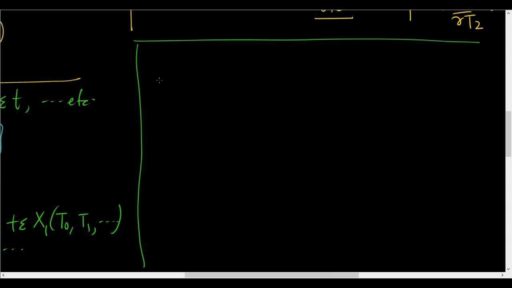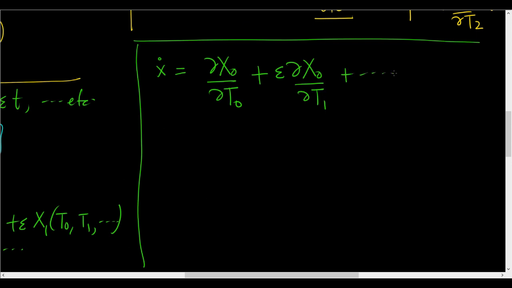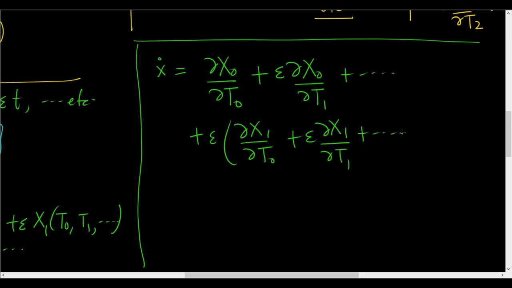So we have x dot is now equal to del capital X0 del t0 plus epsilon del capital X0 del t1 plus dot dot dot plus epsilon del capital X1 del t0 plus epsilon del capital X1 del t1 plus dot dot dot plus even higher terms.